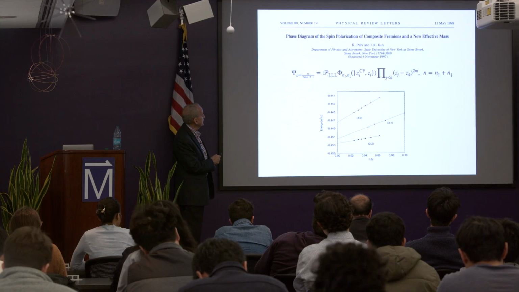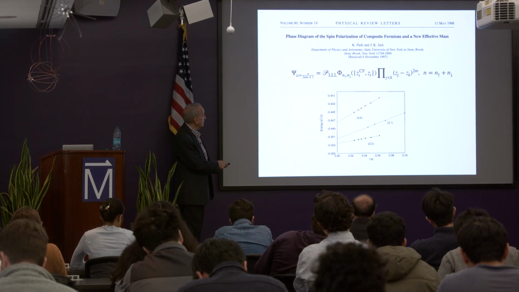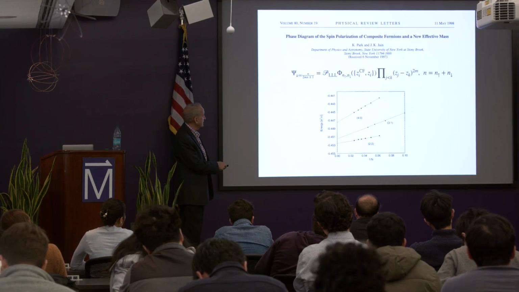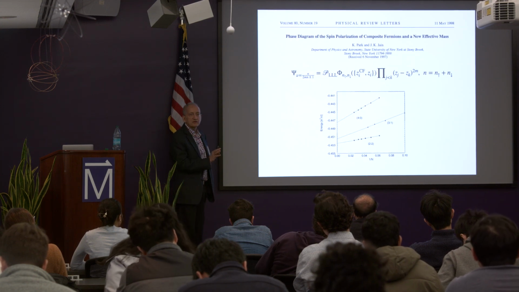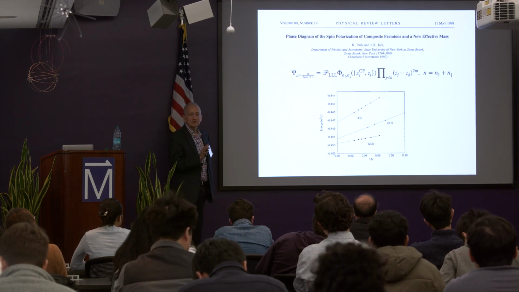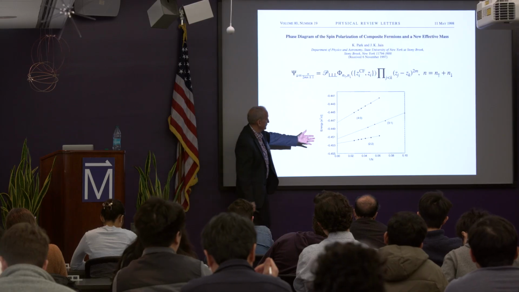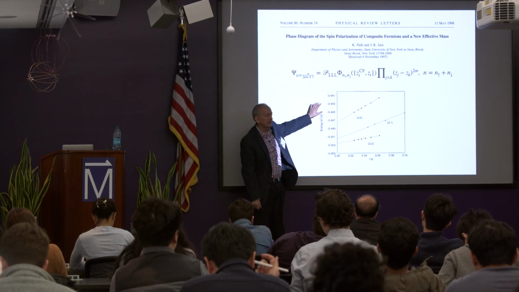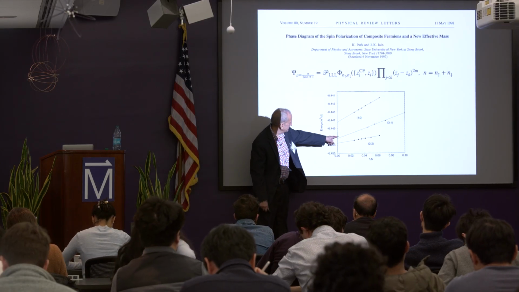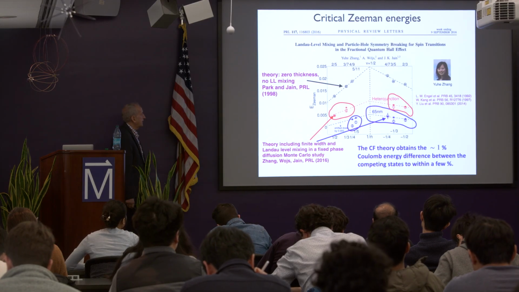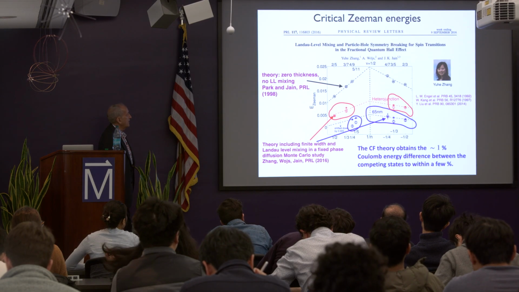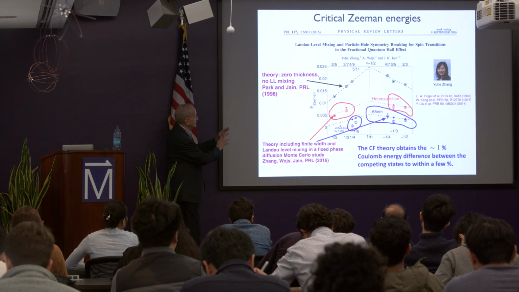You composite fermionize it in the standard way, calculate the energies, take thermodynamic limits, and it tells you that the ordering you would think is the correct ordering. So we have not included the Zeeman energy. 2,2 has the lowest energy, followed by 3,1 and 4,0. But okay, so here I'm showing you all the results.